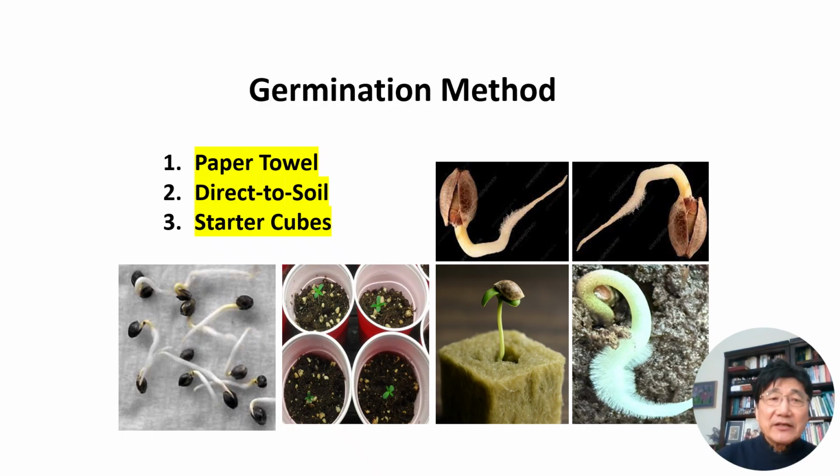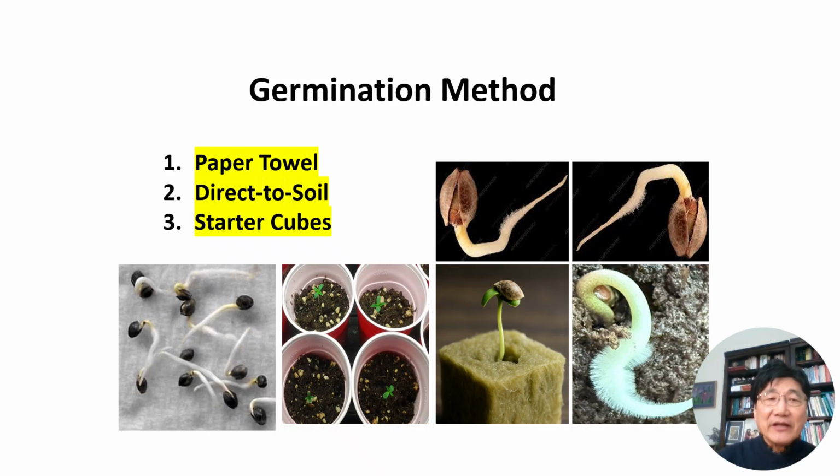Second, for the direct to soil method, the soil should be prepared. It must be loose, well drained, and well aerated. A light, loamy soil with organic matter is ideal. The planting site should be moist but not waterlogged.